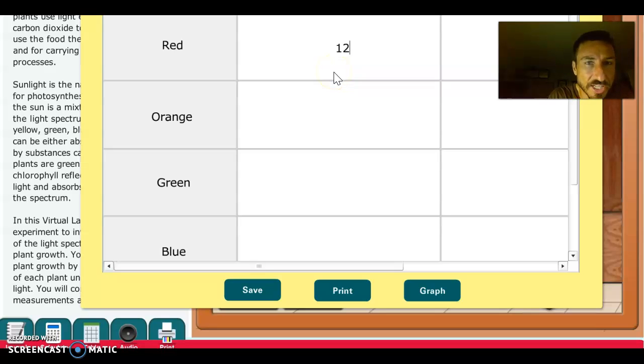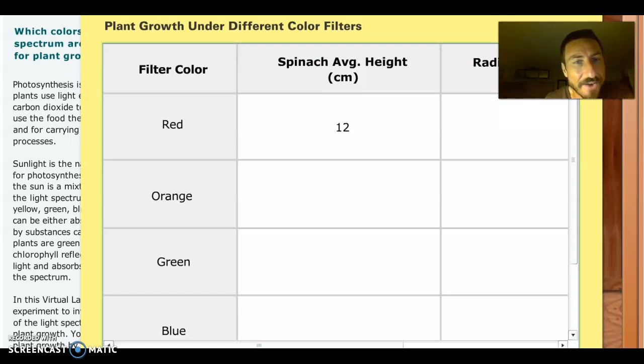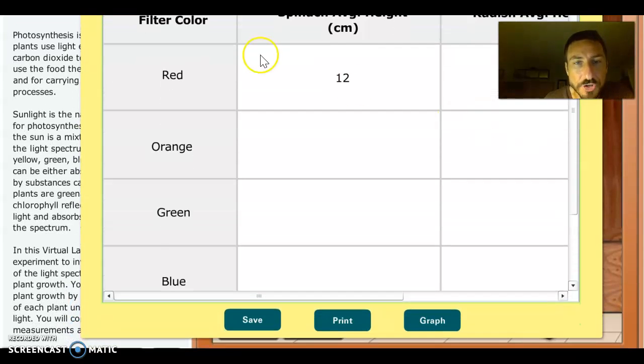Let me just make up a number. Let's say the average was 12 for red light, and let's see, what plant was that? Okay, so the spinach. Let's say that grown with red light, it averaged 12 centimeters. I've entered my data point there. It's the same data point I would have entered in the data table on the virtual lab document.